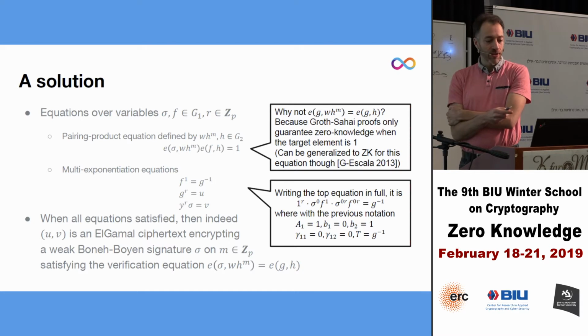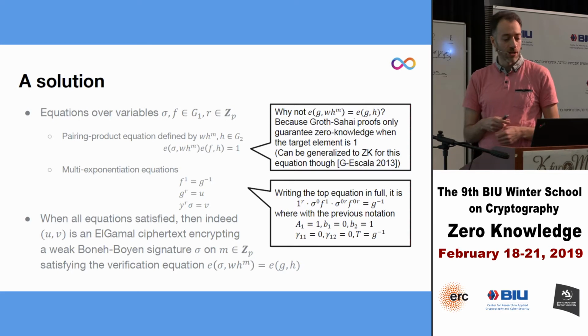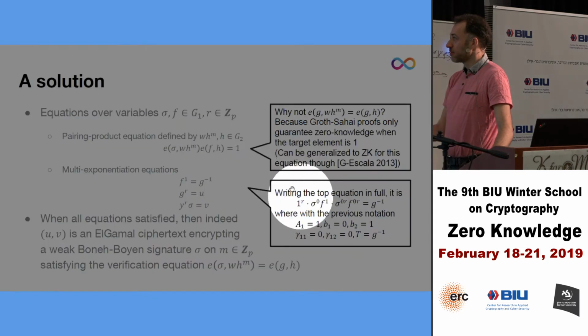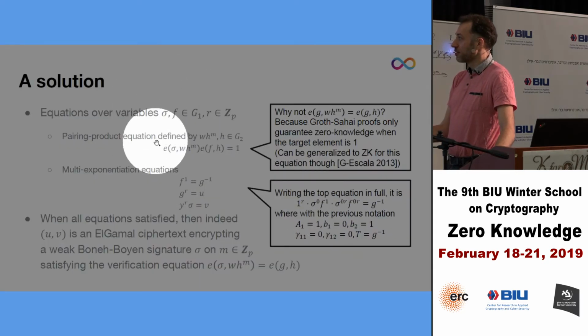So there will be a pairing product equation defined by the verification of the signature. So that's what I have over here. So the pairing of the signature with the W, the public key of the signature scheme, and H to the message.